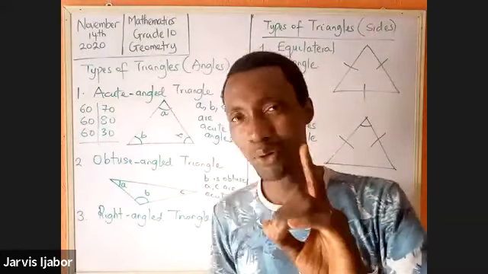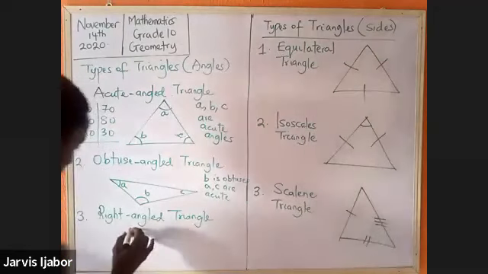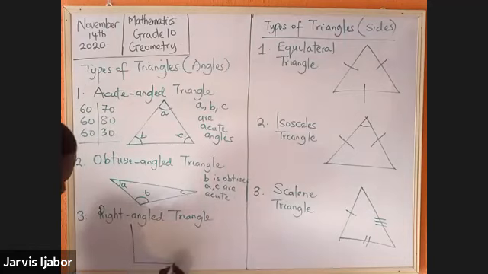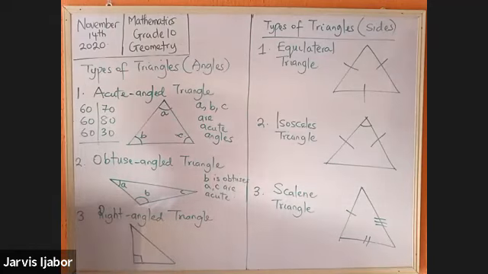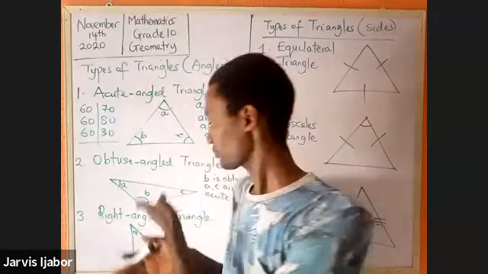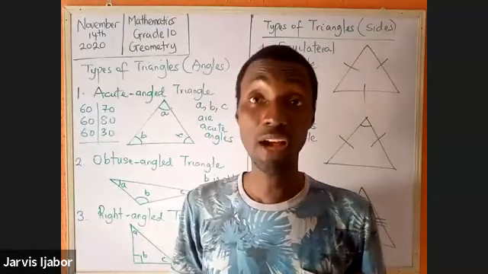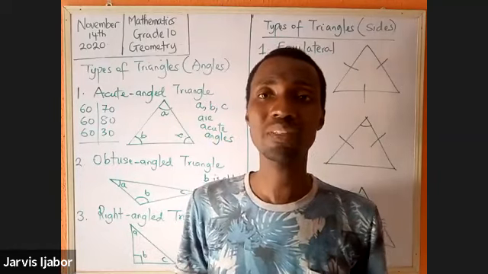One of the angles will be 90 degrees. So let's call that angle B, A, and C. So in this setup too, one of the angles will be right, and the remaining two angles will be what?